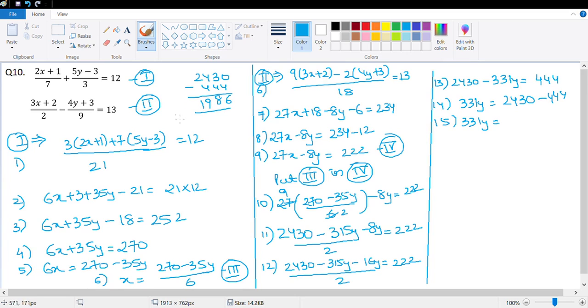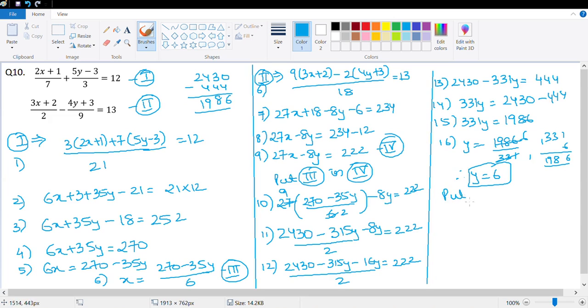So that's 1986. So 331y is equal to 1986, which means y is equal to 1986 upon 331. Should be 6, right? Yeah, 331 into 6. 6 into 3, 18. Yes, that's 6. Therefore, y is equal to 6.